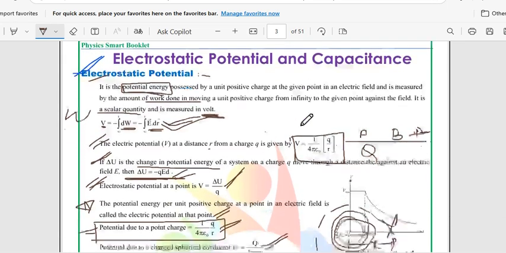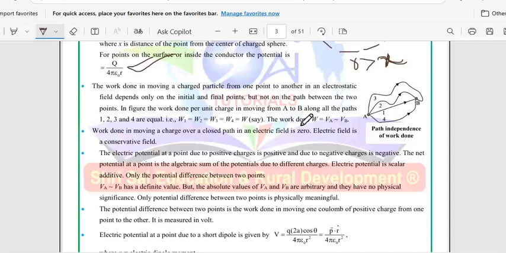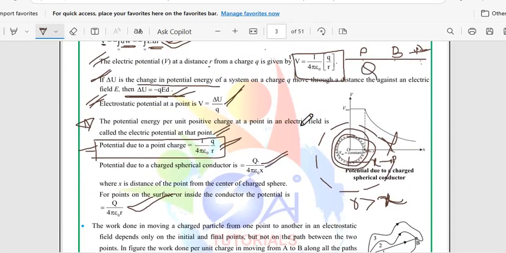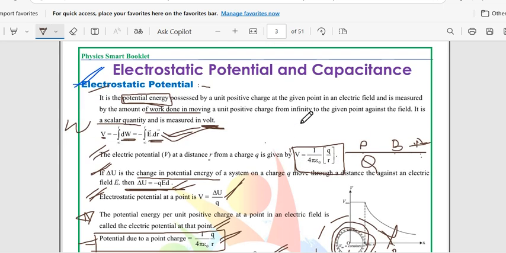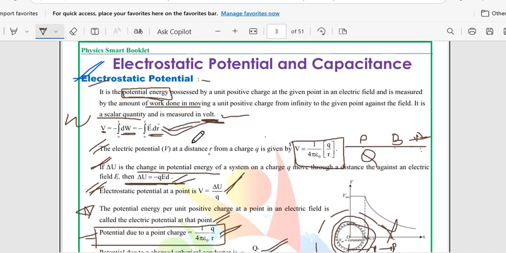So dear students, I hope this session is clear to you. A very introduction part I have discussed today, that is electrostatic potential. What do we mean by electrostatic potential? Whether it is a scalar quantity or vector quantity, what is the SI unit of electrostatic potential and how it will be denoted, and what is the formula related to it.